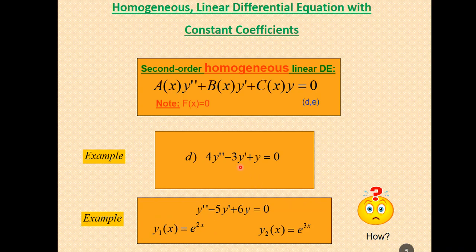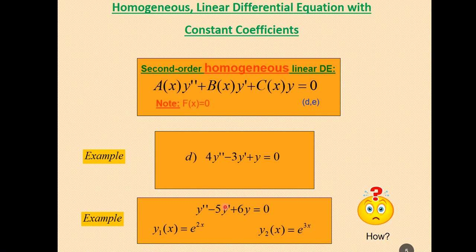So, in our example, this is the only DE which is homogeneous, linear, with constant coefficients. In this case, the two terms that should appear in the general solution of your higher order differential equation should contain the exponential function e raised to 2x and the exponential function e raised to 3x.